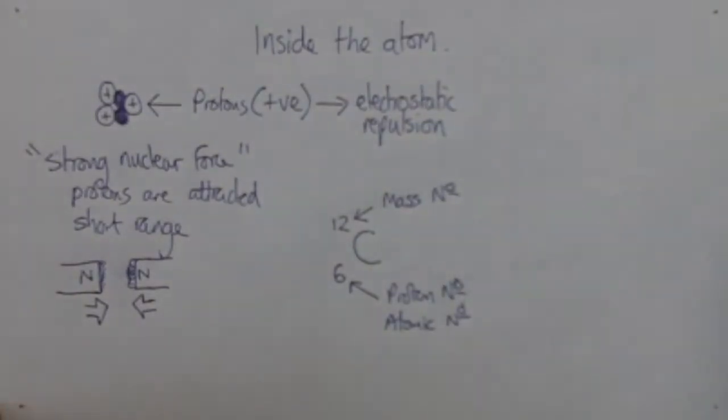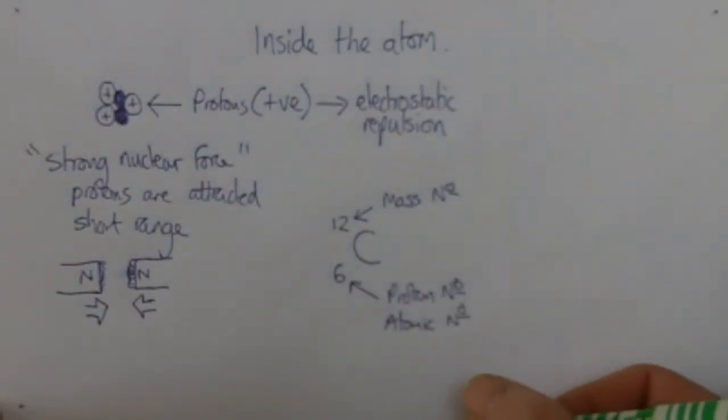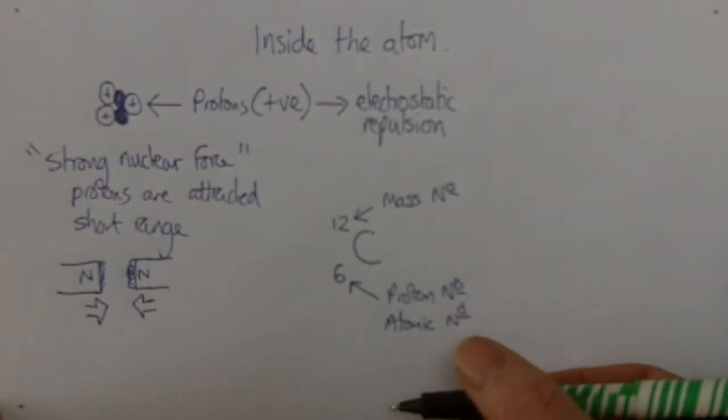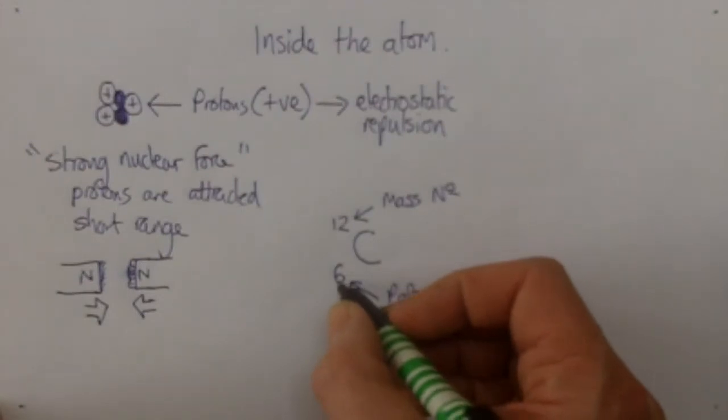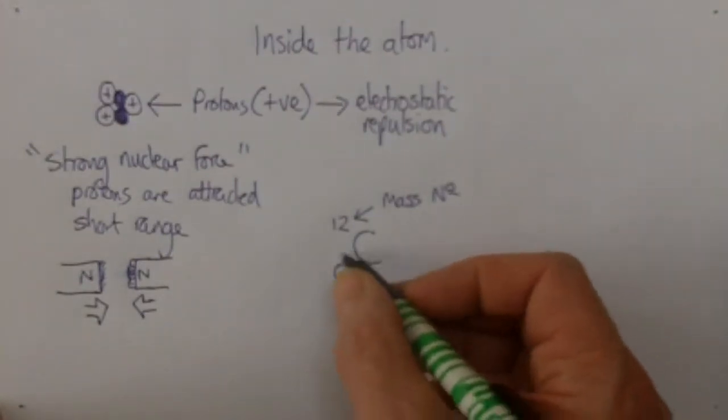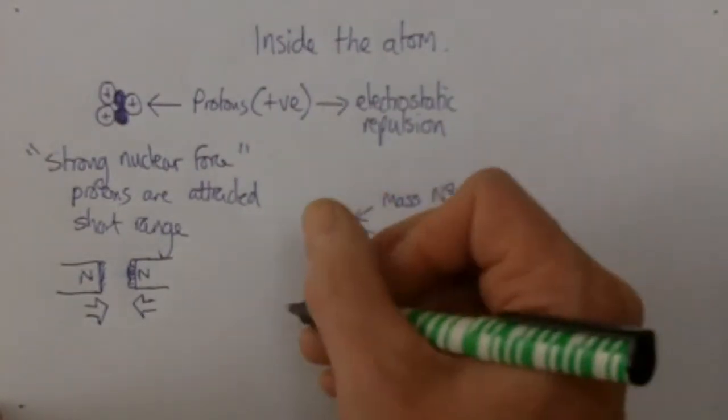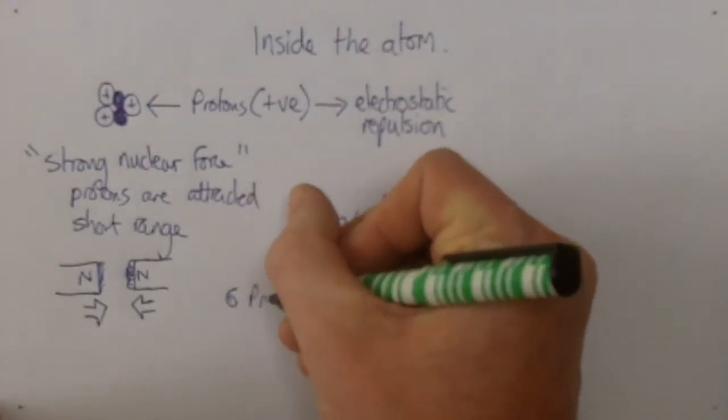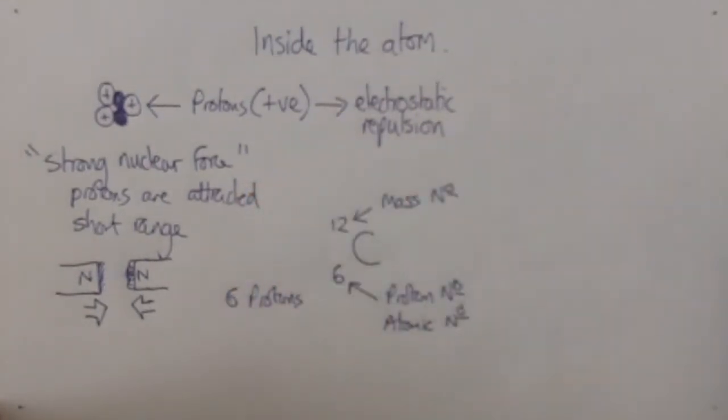Now, these numbers, as you should remember from chemistry, will tell us everything we need to know about what's in the atom. So for starters, for carbon, the proton number tells you the number of protons. So this carbon atom has 6 protons.